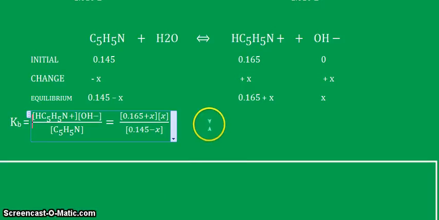Now a key point in this part of the solution is that x is negligible in comparison to the values 0.165 and 0.145. If you still have some problems with that, you might need to review the chemical equilibrium concepts on why x should be considered negligible at this point.